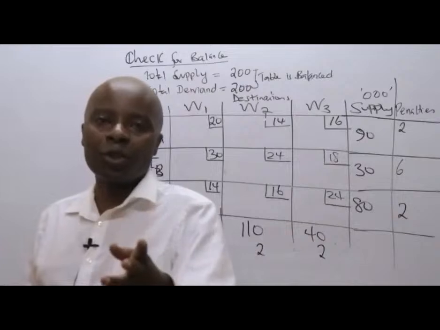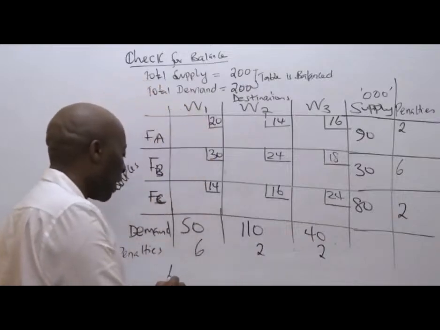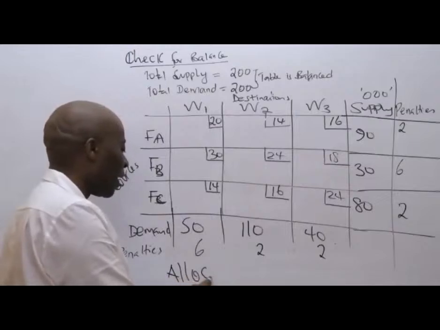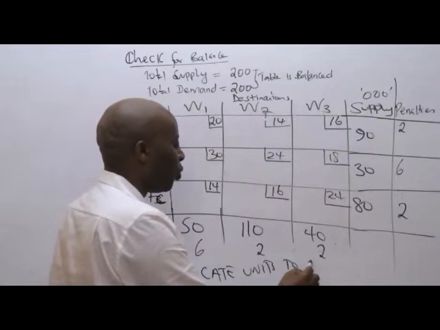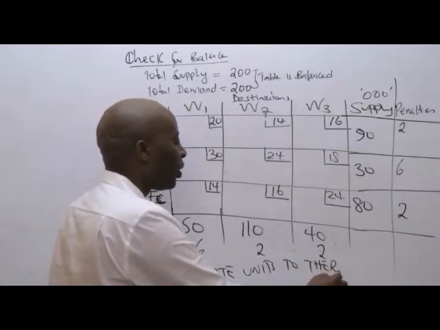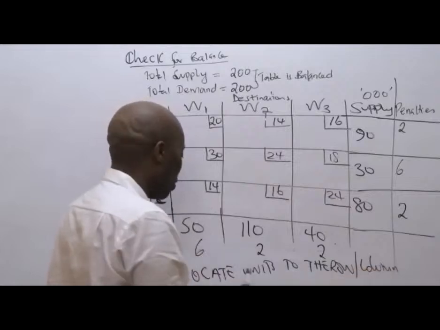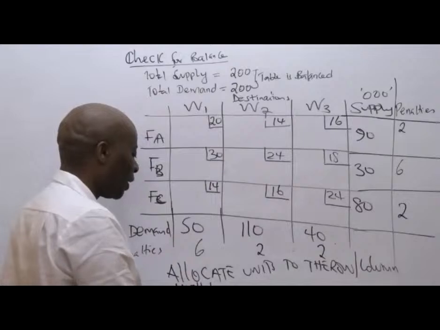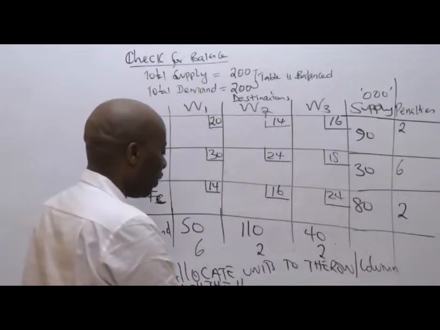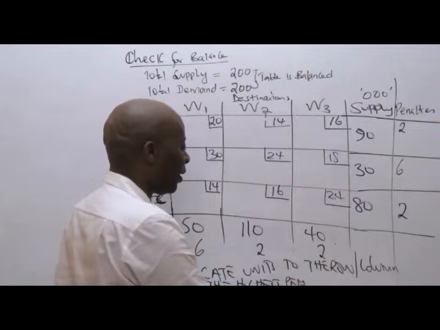Now, ladies and gentlemen, remember that we normally use the penalties that we have ascertained to do allocations. To do allocations, we always allocate units to the row, stroke column, with the highest penalty.